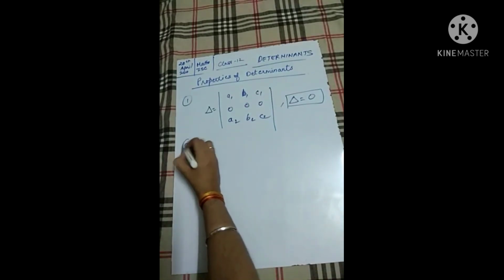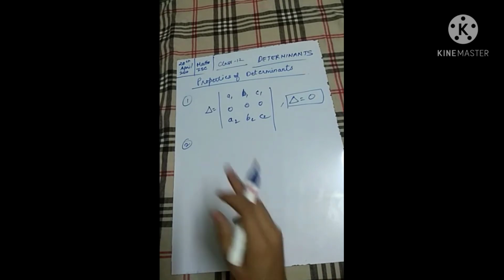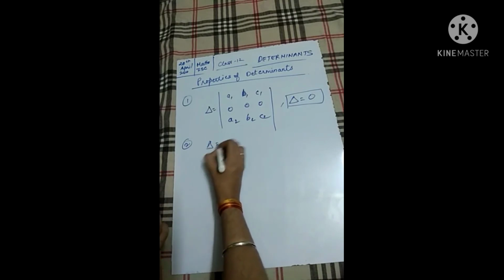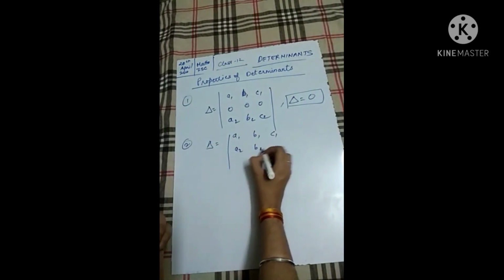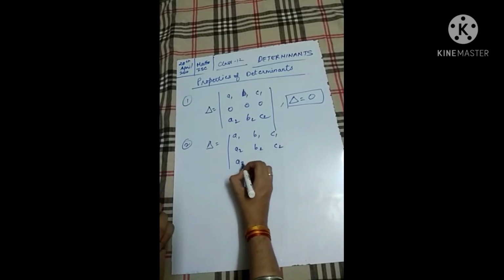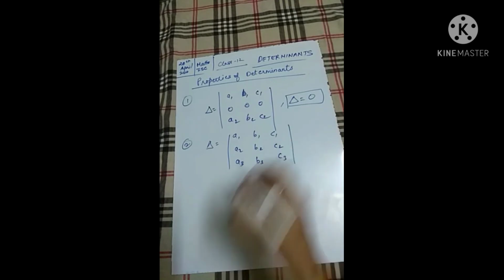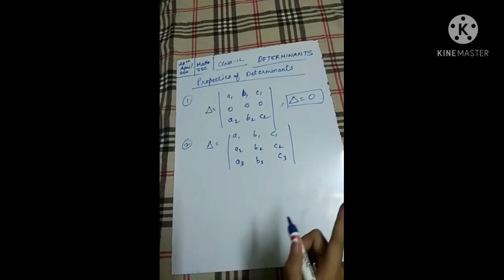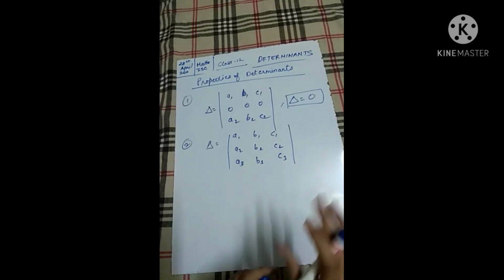Okay, now what is the second property? The second property, which I told you in the previous video, is that if say for example you have a1 b1 c1, a2 b2 c2 and a3 b3 c3, if this is the delta, then the value of the determinant remains unchanged if its rows and columns are interchanged.